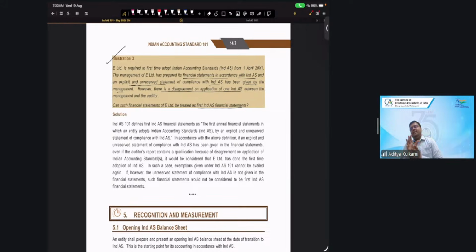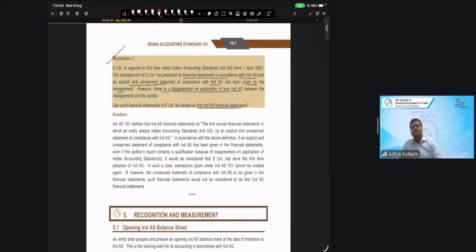So I have an entity which has transitioned into Ind AS, and the company has given an explicit and unreserved statement of compliance. Fair enough. Now, one matter, the auditor does not agree with the transition.